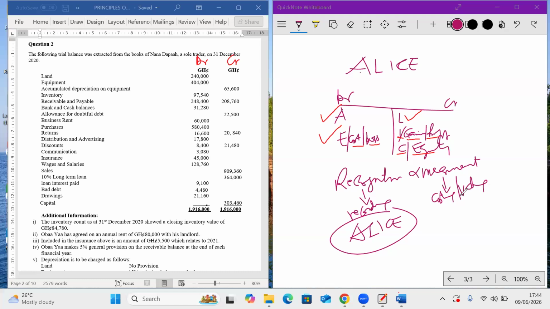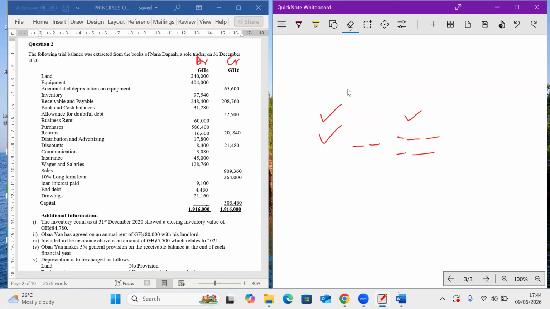Now let's start reading. If this is a question and you are presented with it in the exam hall, the first thing you do is write the entity's name.